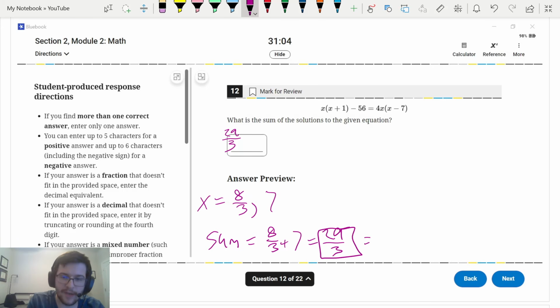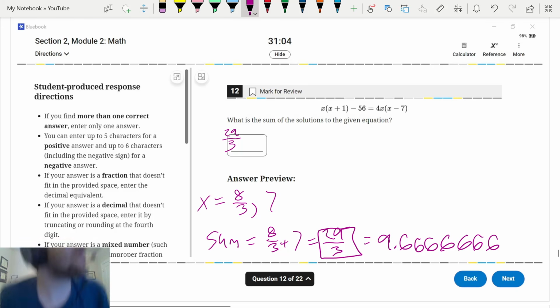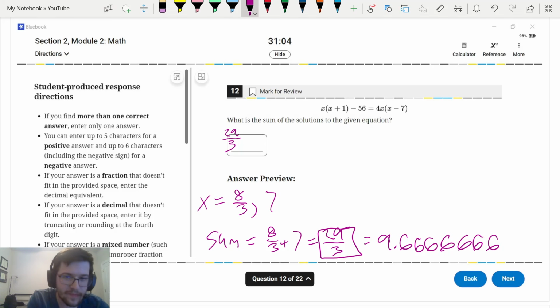So 29 over 3 is 9.66666666, etc. So for the final answer, you could have typed in 29 over 3. You could have typed in 9 point, you have to do 5 characters, rounded or truncated. So 5 characters, so 9.666.